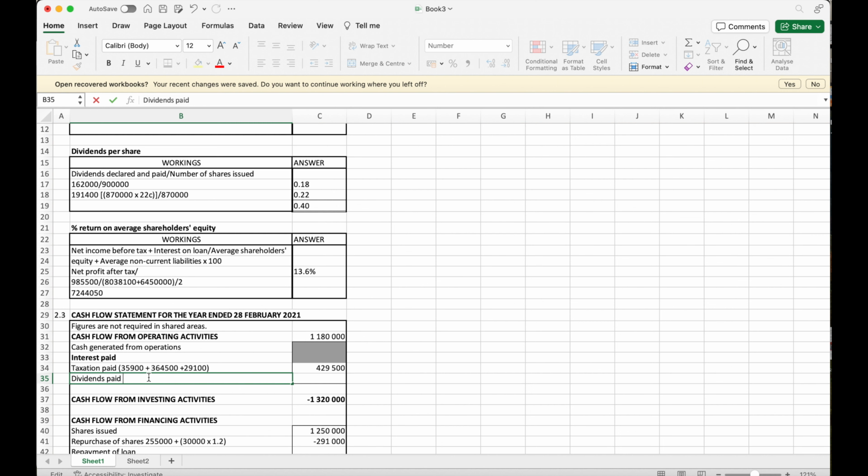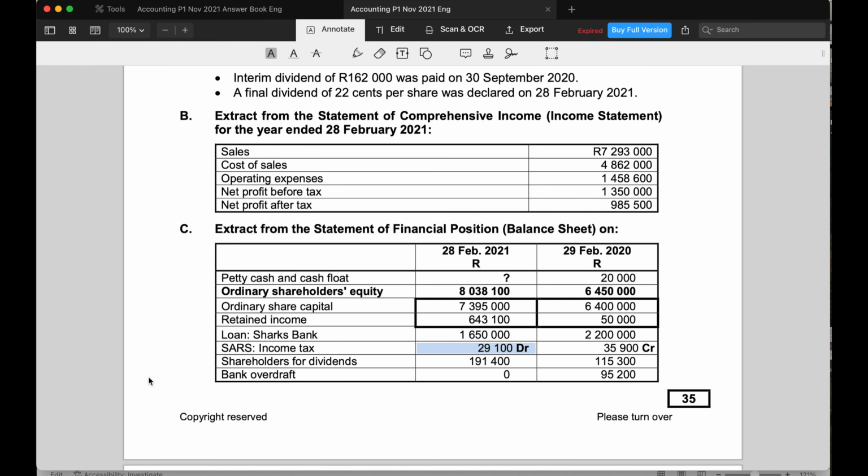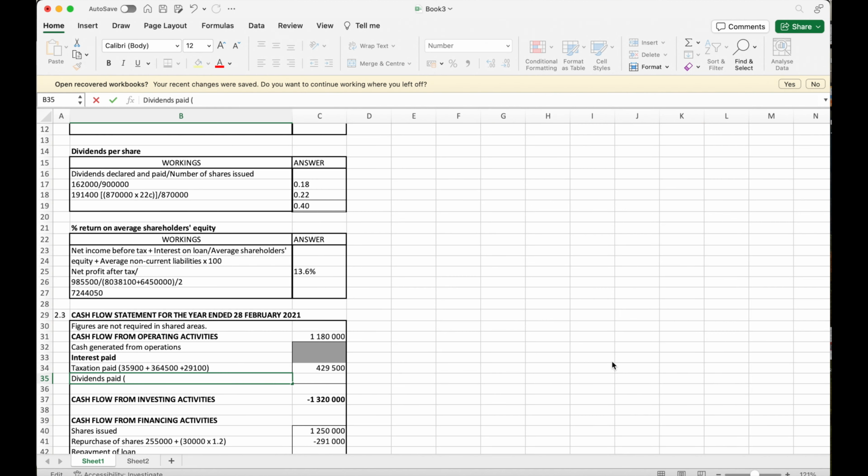Same procedure with dividends. Unpaid amount at the beginning of the year, let's look at it. Dividends, here it is, 115,300. 115,300 plus the amount recorded on the statement of comprehensive income, which is the amount we calculated for the year's dividends.